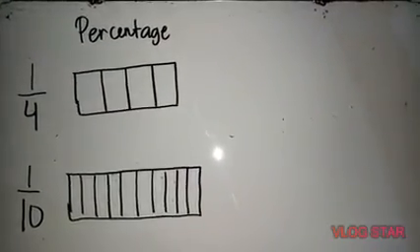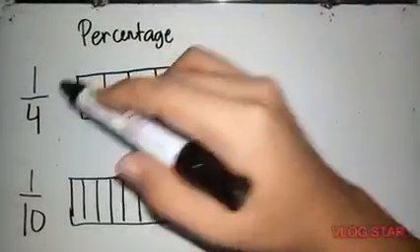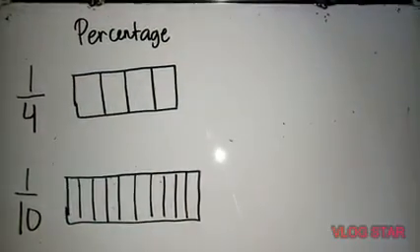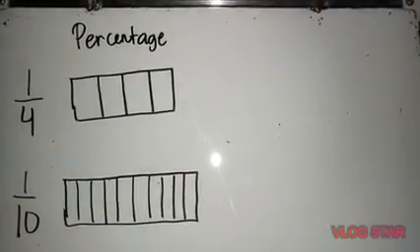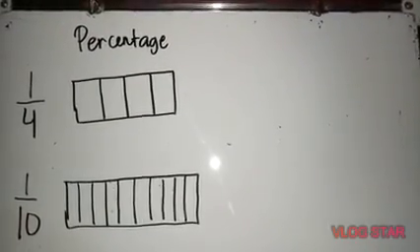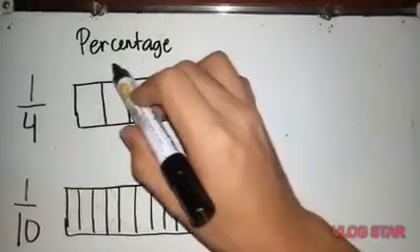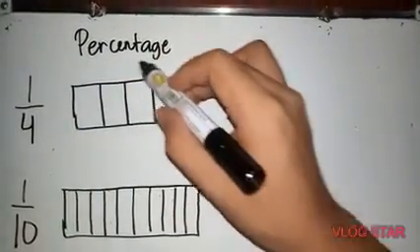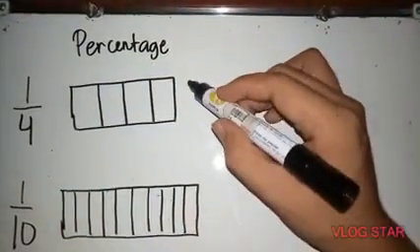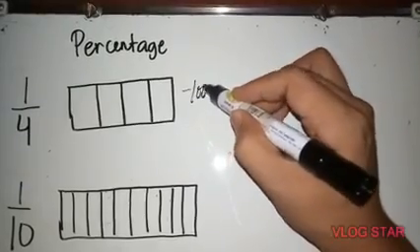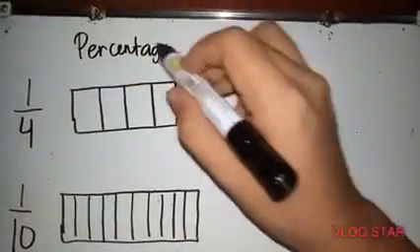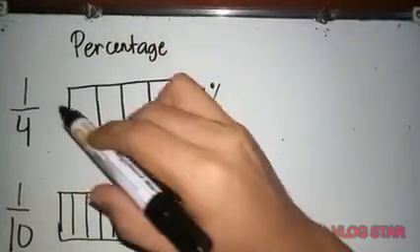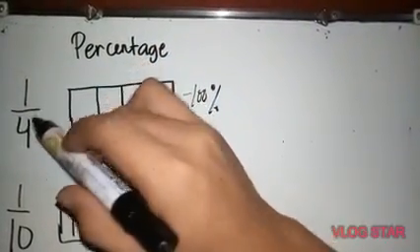So let's talk about percentage. We have 1/4 here. When you convert 1/4 to a percentage, what would it be? This is a whole and considered as 100%, and we're just asking for 1/4.